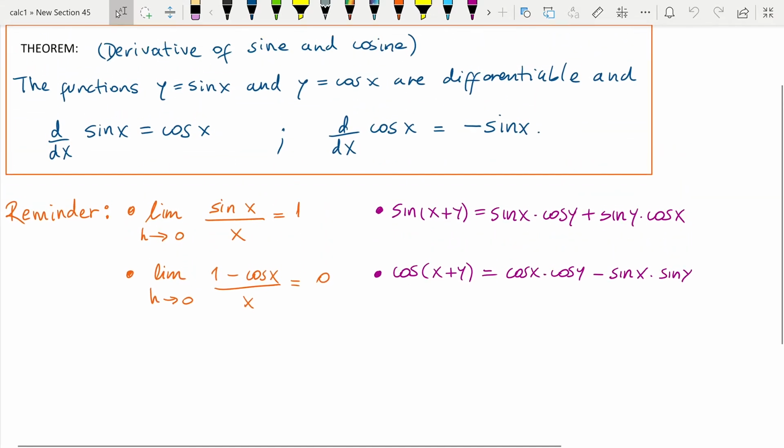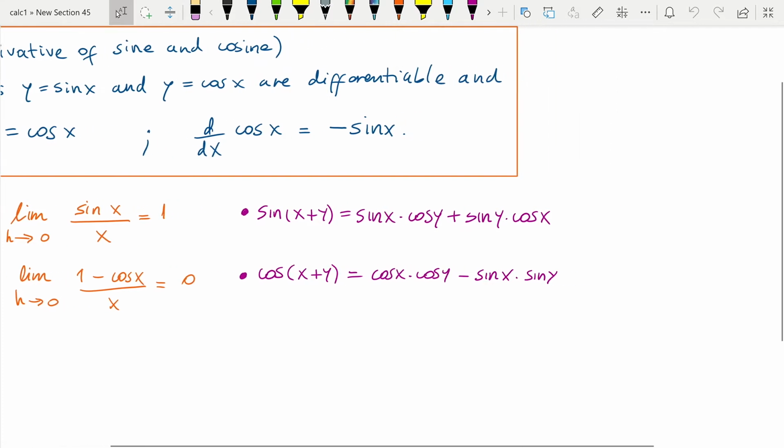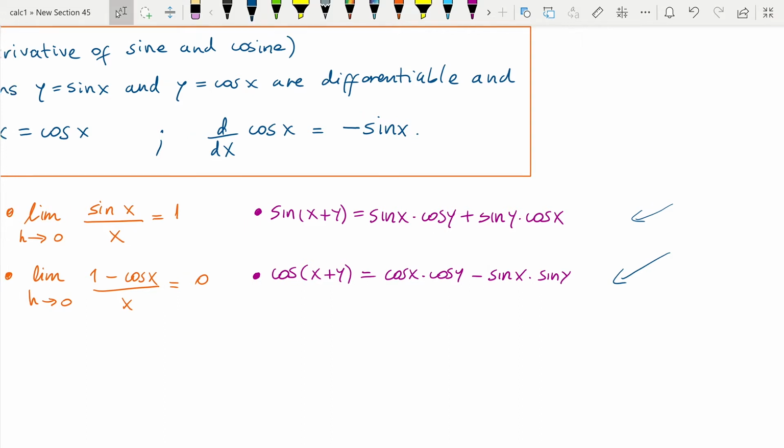We also need some perhaps forgotten formulas for you. The sine of x plus y, that allows us to write the sine of x plus y in terms of sines and cosines of x and y. And the same thing for computing the cosine of x plus y in terms of the cosines of x and y and the sines of x and y.